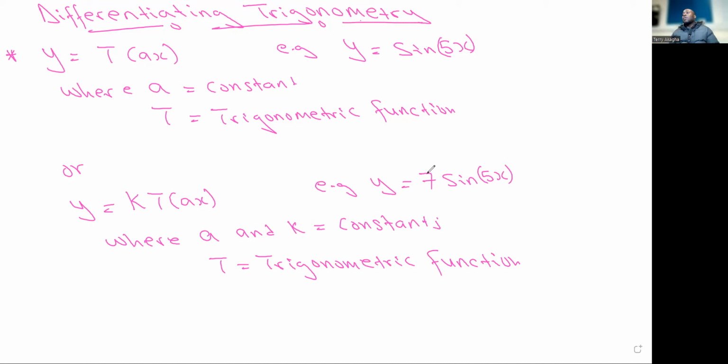How will you go about this? Okay, so if you want to differentiate this, there are 4 rules or 4 steps to take. The first one is that you have to first differentiate the trig function first.